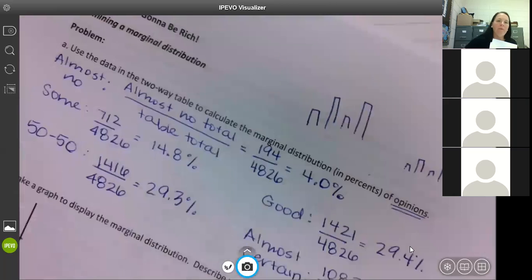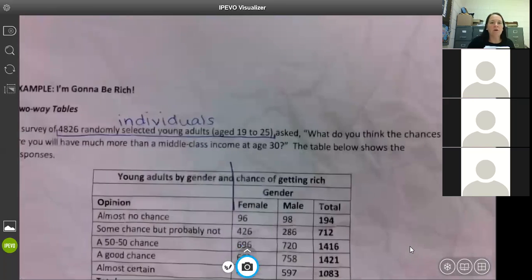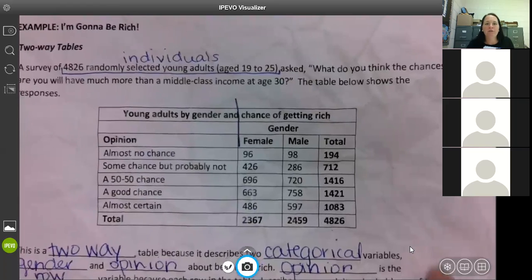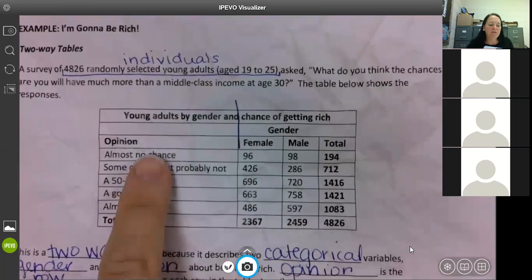All right, so remember our marginal was when we were talking about, marginal's the easy one. We had young adults by gender and chance of getting rich. And so they were split into female and male, but we were just talking about almost no chance.